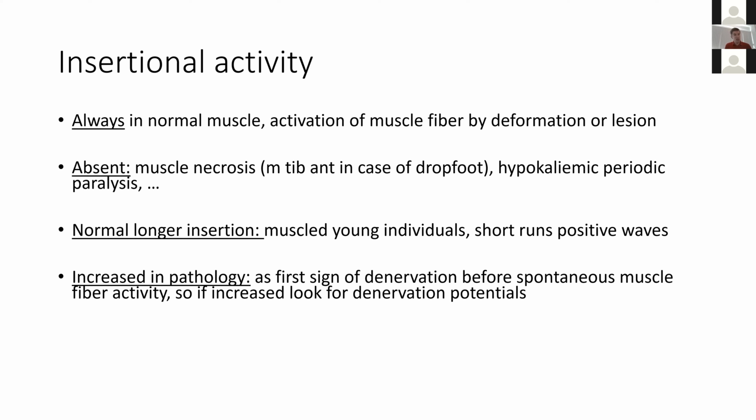It is longer in muscled young individuals under normal conditions, or has short runs of positive waves. But it is increased in pathology as a first sign of denervation, before spontaneous muscle fiber activity like positive sharp waves and fibrillations appear. So if increased, look at least for denervation potentials.